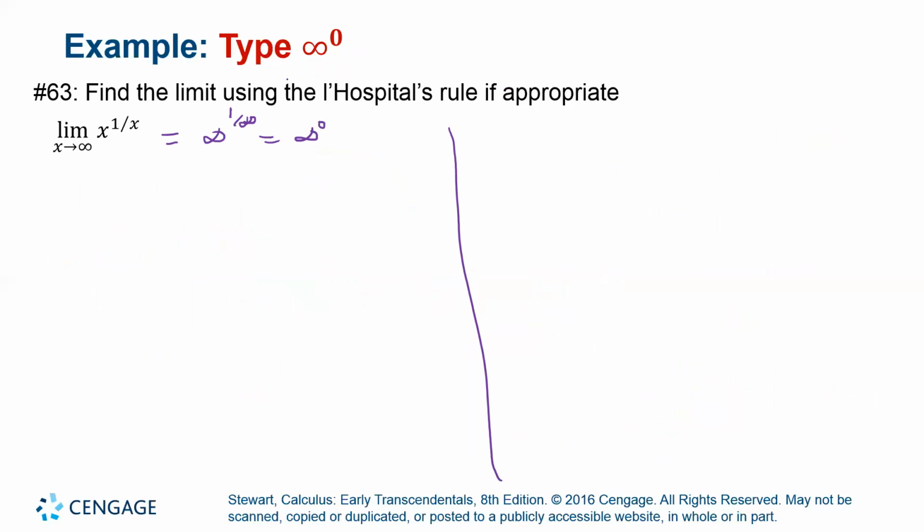So this is this type. So we handle it the same way. We let y equal that expression, x raised to 1 over x. Then we take the natural log on both sides. The natural log of y is equal to 1 over x times the natural log of x.